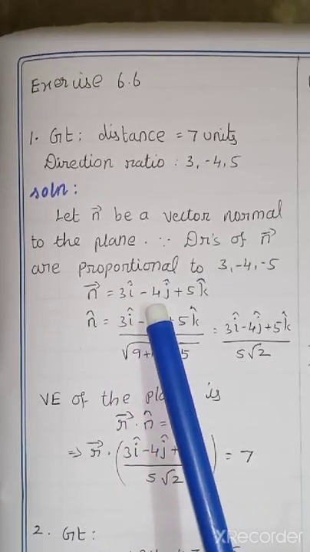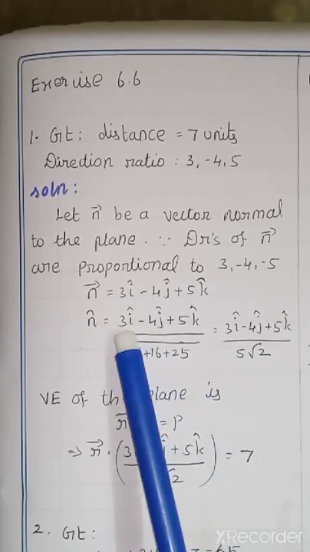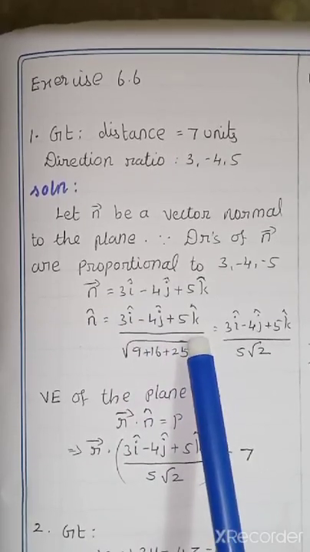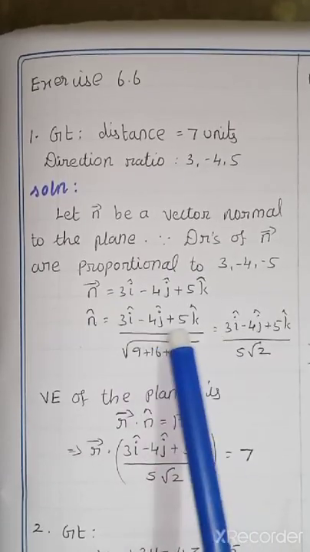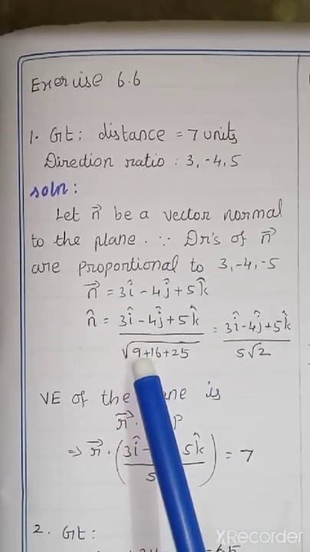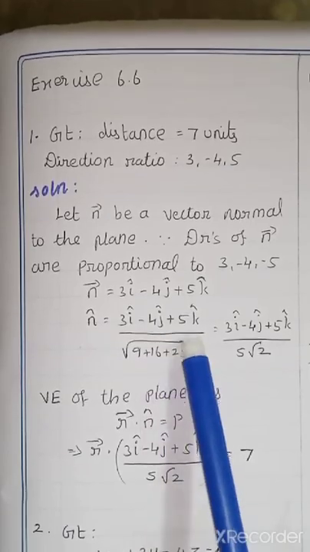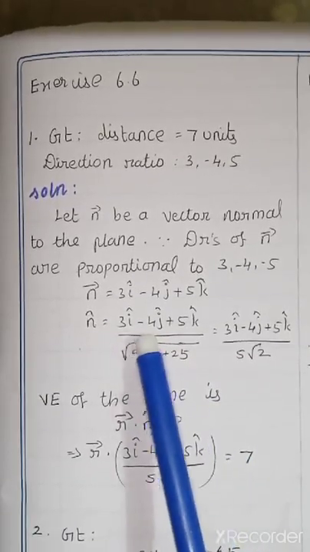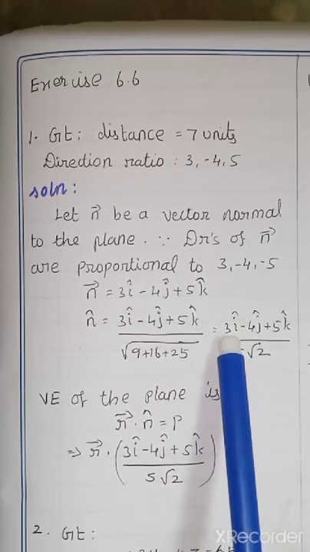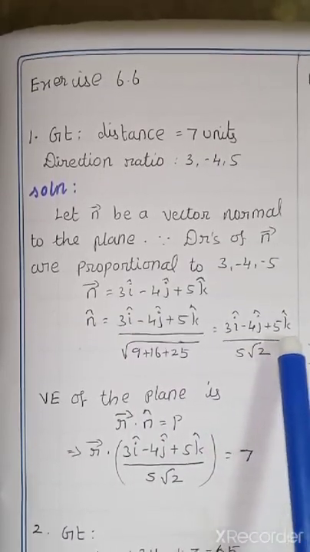3i minus 4j plus 5k divided by the modulus of the vector, square root of i, j, k squares. So 3 3s are 9, 4 4s are 16, 5 5s are 25. Numerator as it is, 3i minus 4j plus 5k.